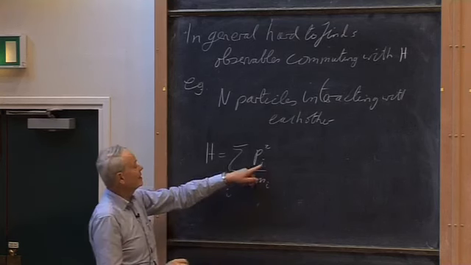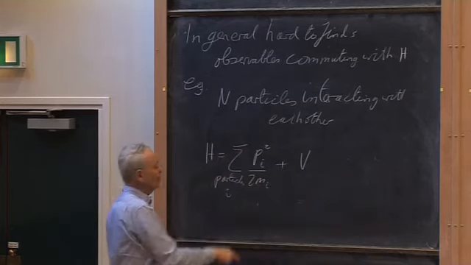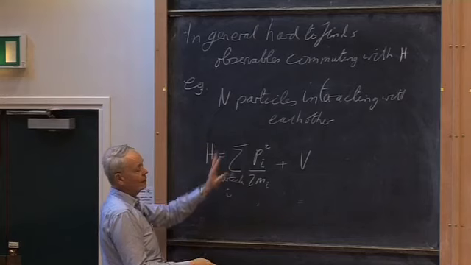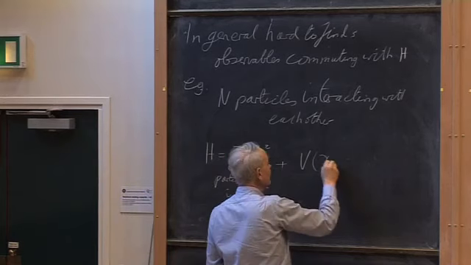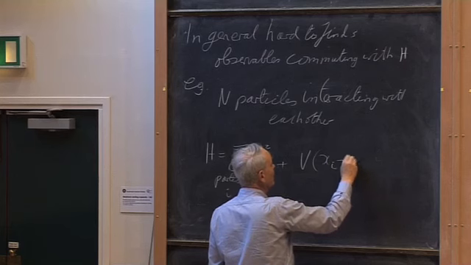So this index here enumerates the particles, so that's the kinetic energy of each particle summed over particles, makes the Hamiltonian of the whole system.